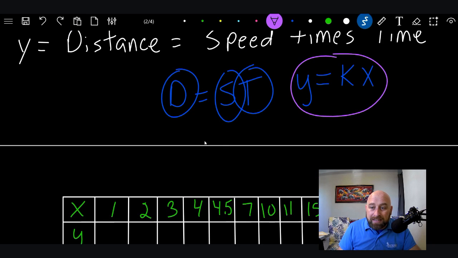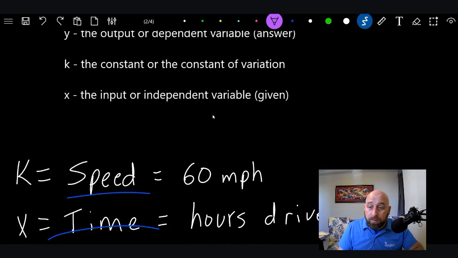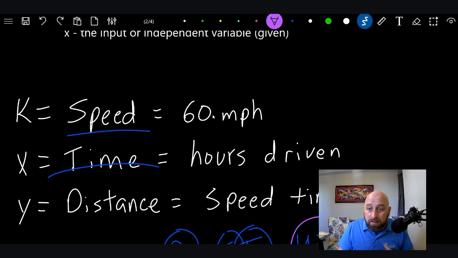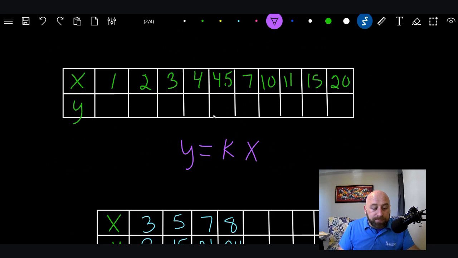All right, so let's now take our example that we were using. I'm driving 60 miles an hour. Let's put it into this chart. I'm going to show you how you can figure out what your k is. If I drive 60 miles an hour and I drive for 1 hour, I drive 60 miles.